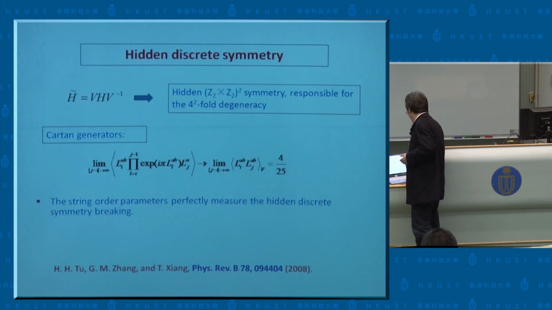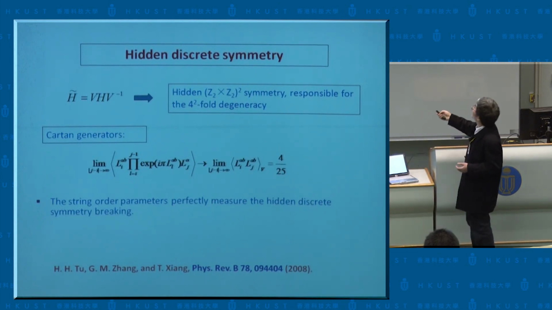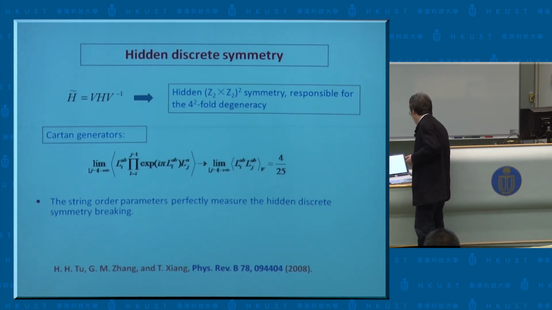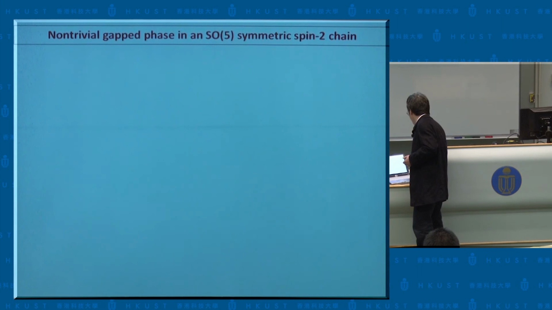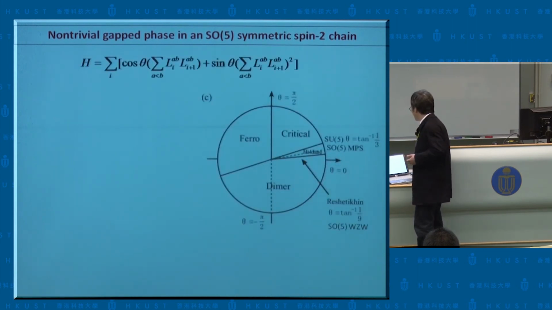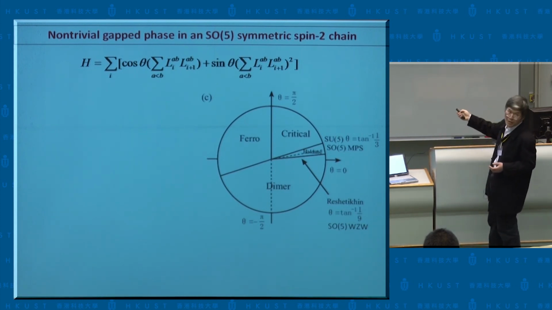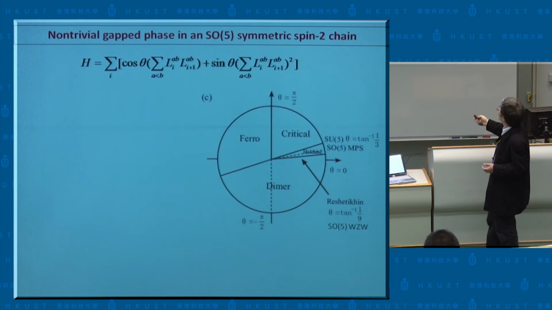and the string order parameter becomes a local one in a similar way as the spin 1 case. As before, we can consider the generalized model and evaluate the ground state phase diagram.